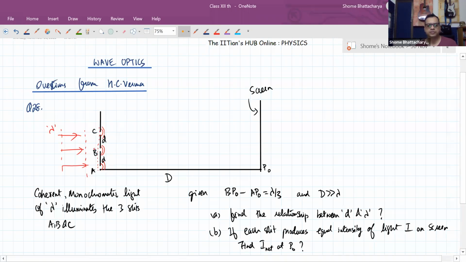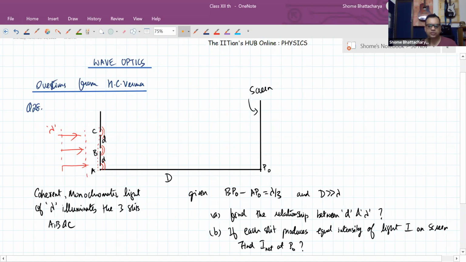Okay, so that means the three secondary sources A, B, and C, or the slits acting like secondary sources, are themselves coherent. There's no phase difference. So the net phase difference of light reaching any point on the screen is nothing but the path difference converted into phase difference. Okay, so the phase difference created is only because of the path difference.